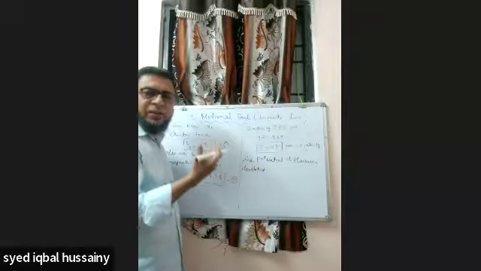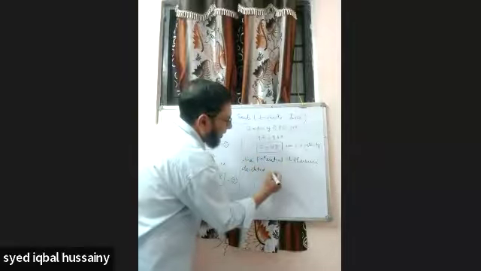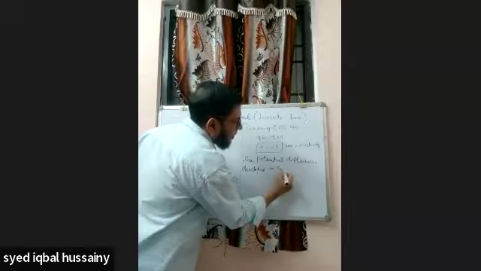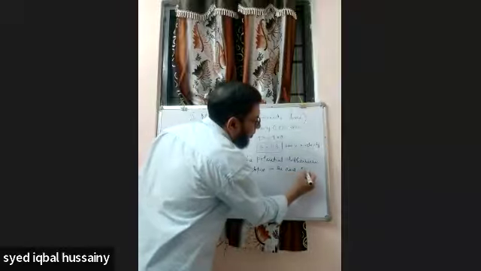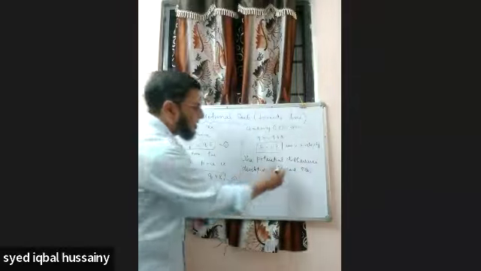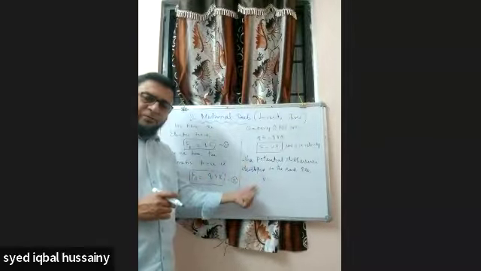Potential difference means V, the symbol is V. The potential difference developed in the rod PQ. So what is the formula for potential difference, the formula for V? Out of those 7 formulas of V from the second chapter, can anyone tell me? V equal to W by Q, V equal to 1 by 4 pi epsilon Q by r, and so many formulas I taught you just now in the beginning of the class.